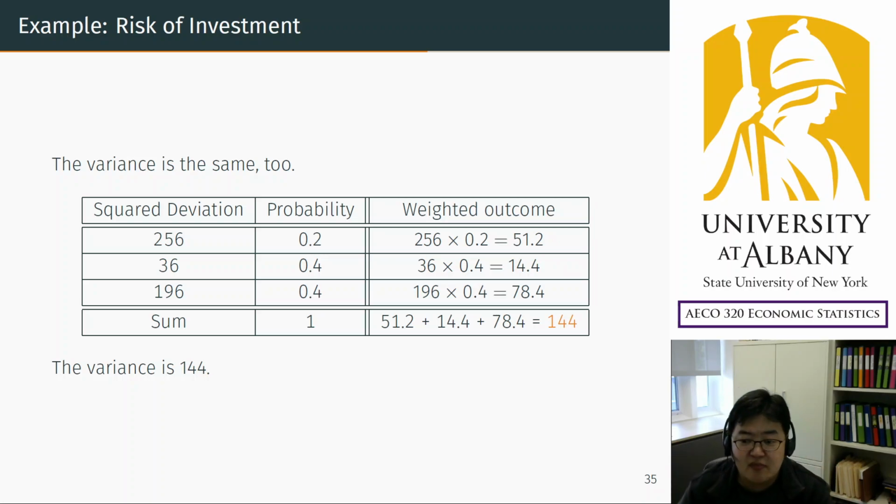If you understand that the variance is a kind of distance, then this is not a surprising result. So taking minus 1 does not make any difference in the distance or the variance. That is what we could find by comparing this example with the previous one.